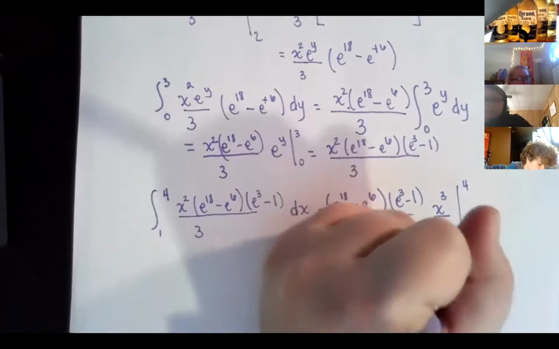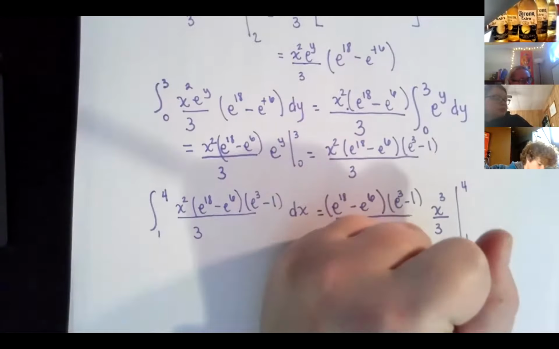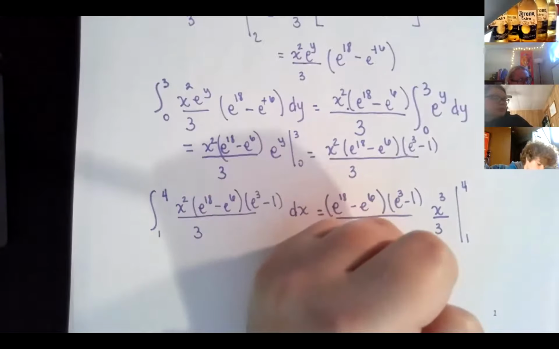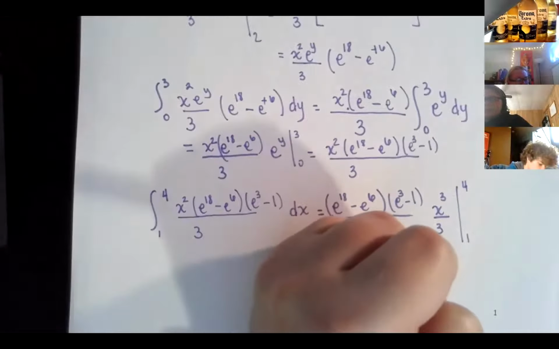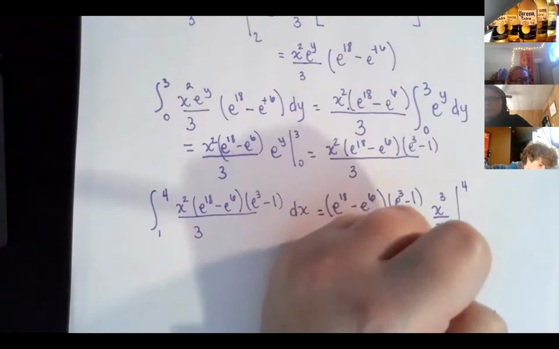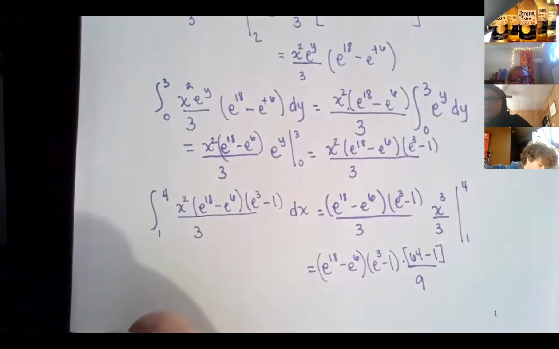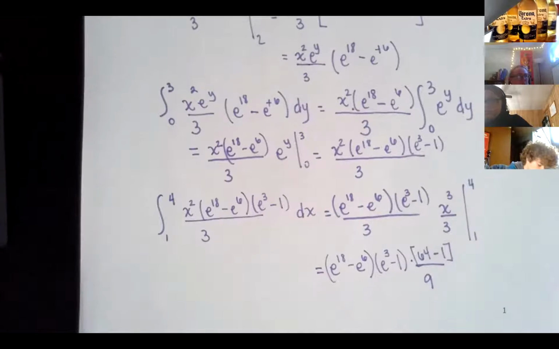Four cubed is, is that 64? Right? And then that just becomes 63 divided by 9 is 7.